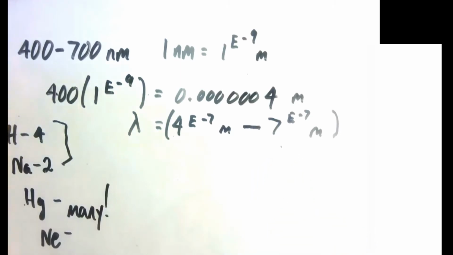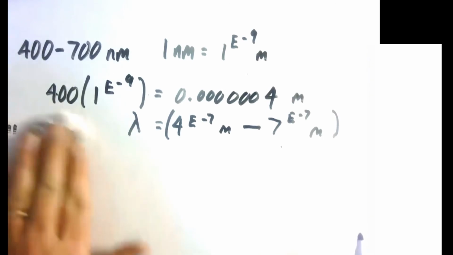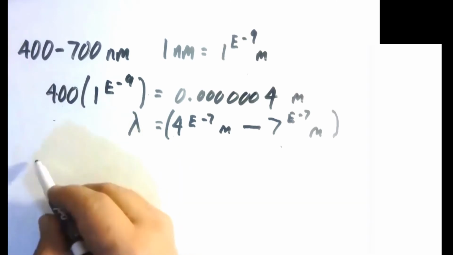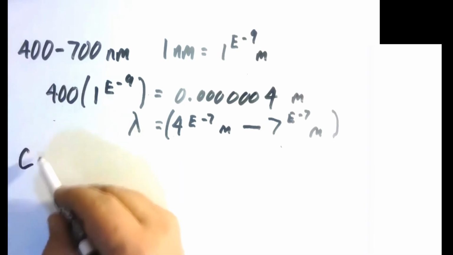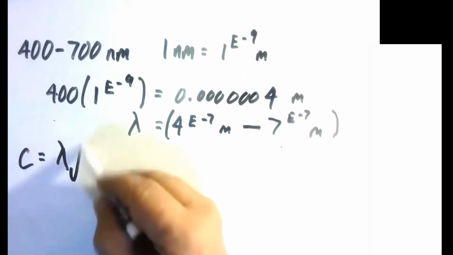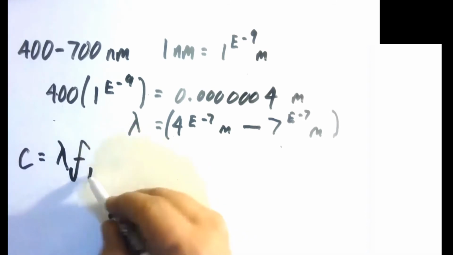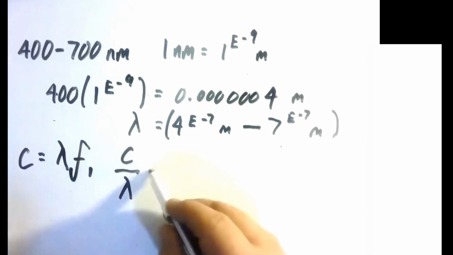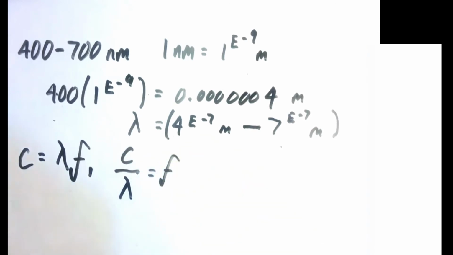Now, we want to convert the wavelength of these different colored light waves into frequencies so we can calculate the energy. I want to remind you, since the speed of light equals lambda f, the speed of light divided by the wavelength lambda will give us the frequency. And so that's our game.